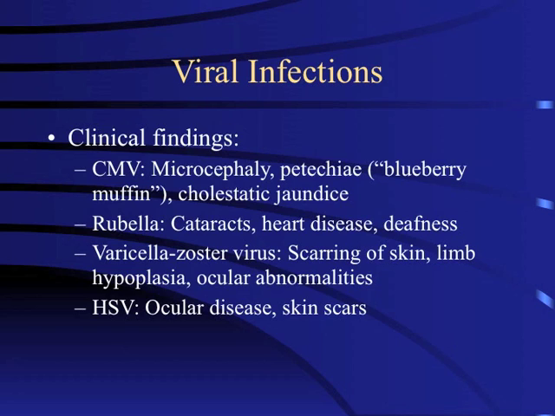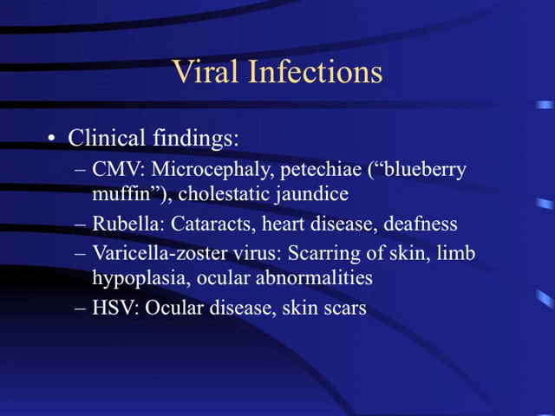Some of the clinical findings in viral infections: these are the classic findings with CMV: microcephaly, petechiae, what's called a blueberry muffin baby, because they're having hematopoiesis outside of the bone marrow, and they can also have cholestatic jaundice. With rubella, what's classic is the presence of cataracts, heart disease, especially pulmonic stenosis, and deafness.